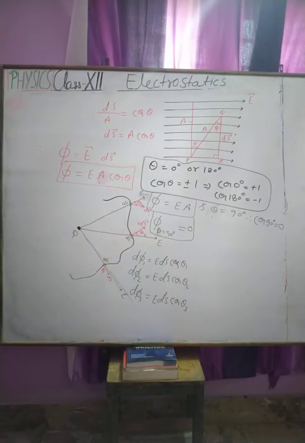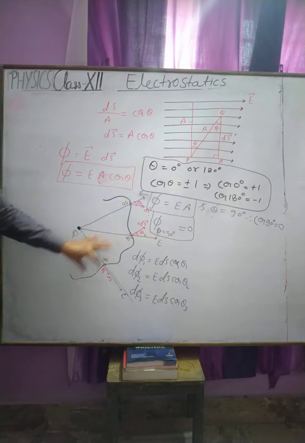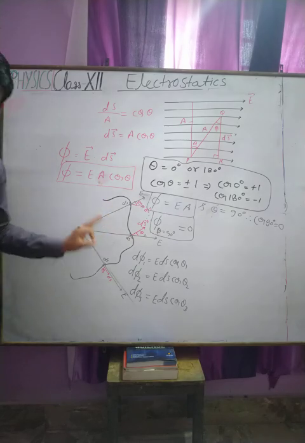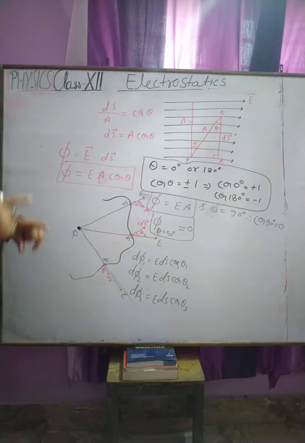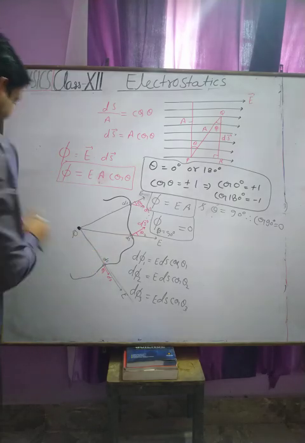So we can calculate for any shape of surface, at different points, the value of small electric flux for each small surface, and then we add all these surfaces.